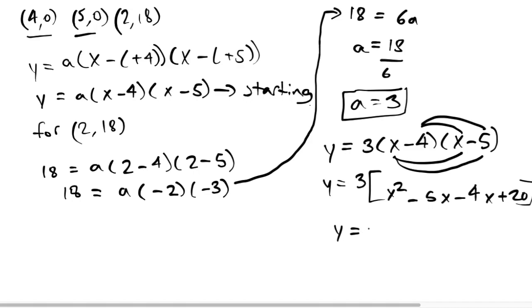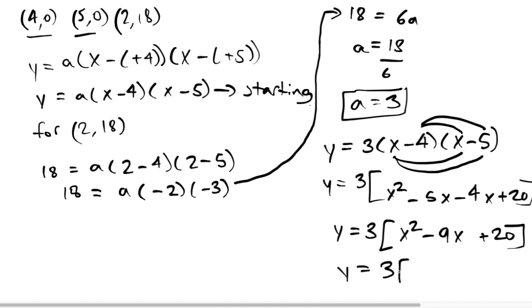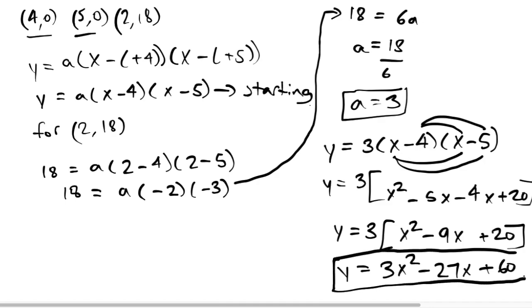Y is equal to 3(x squared minus 9x plus 20). So let's distribute the 3. Y is equal to 3x squared minus 27x plus 60. And that is our final answer.